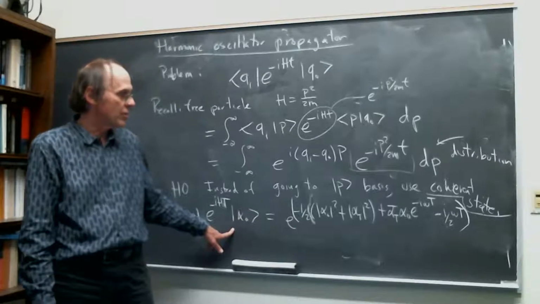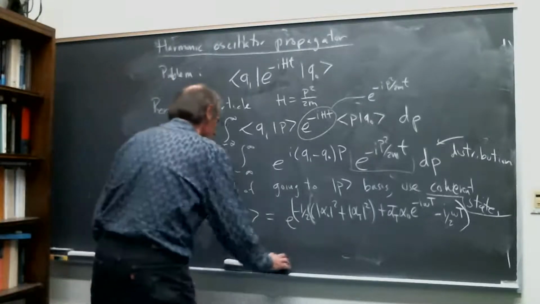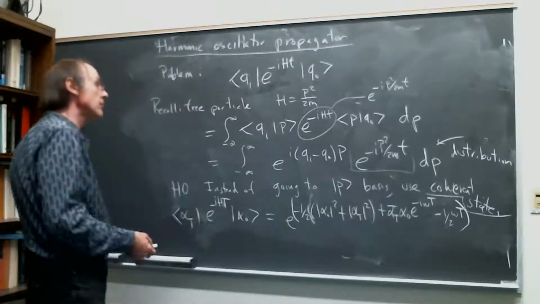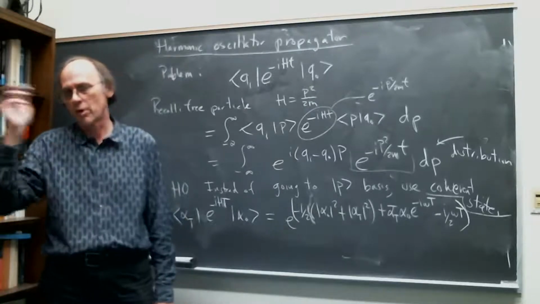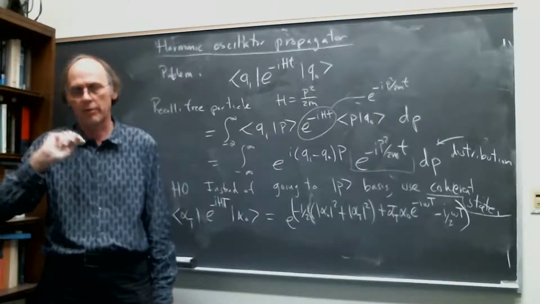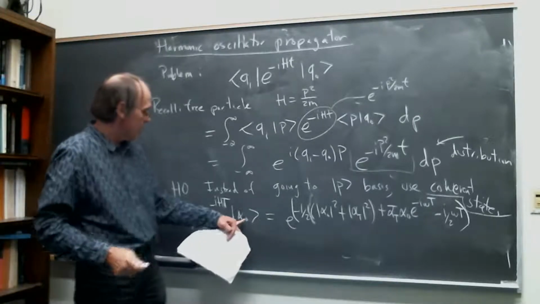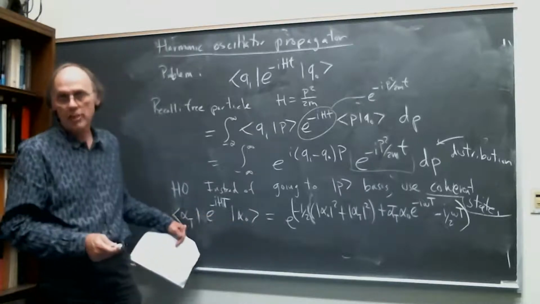Now the idea is that you can then use these formulas that I was writing down before, or the Bargmann transform in whatever form you want, and change from here back to the Q basis.